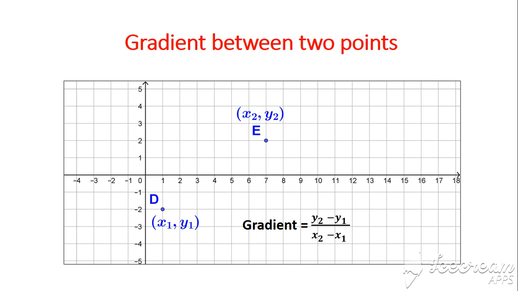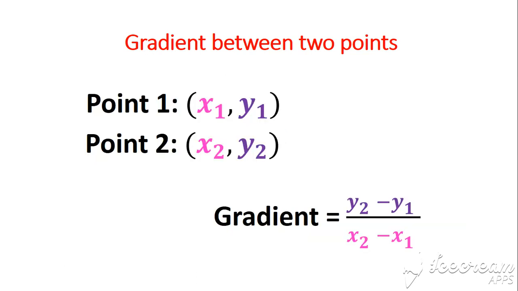And we're going to use x1, y1, x2, and y2 to work out the gradient between them by working out how far it rises by going y2 minus y1, and how far it runs by going x2 minus x1. So hopefully you've figured out that all we do is we go y2 minus y1 on the top, and on the bottom we go x2 minus x1.